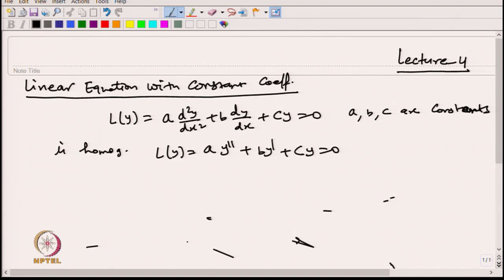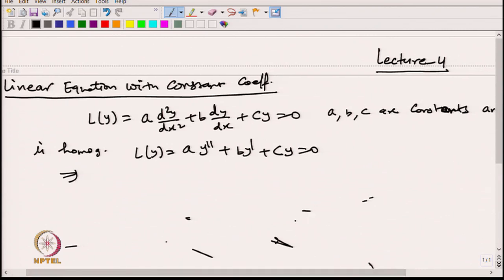Now, I want to solve this differential equation as we have also discussed in the last lecture. So, basically if I want to solve this differential equation, I need a function y(x), the solution of this differential equation, such that if I take y multiplied by some constant plus the derivative multiplied by some constant plus the second derivative multiplied by a constant, that should be equal to 0.